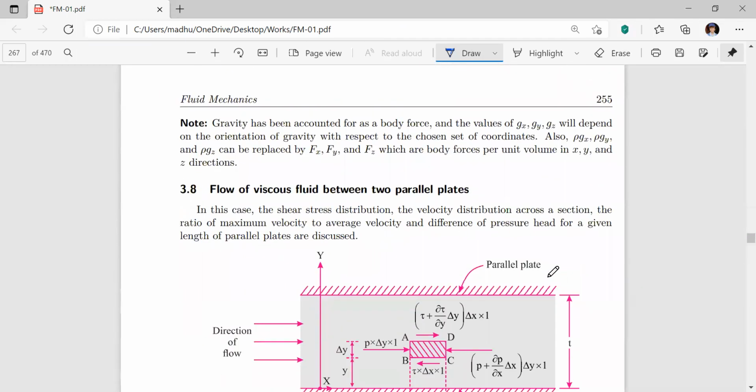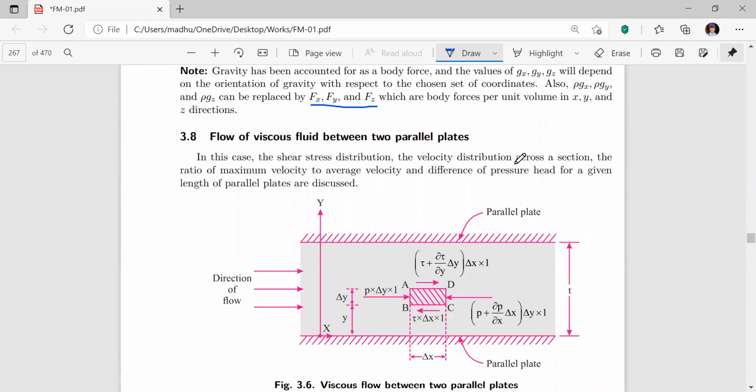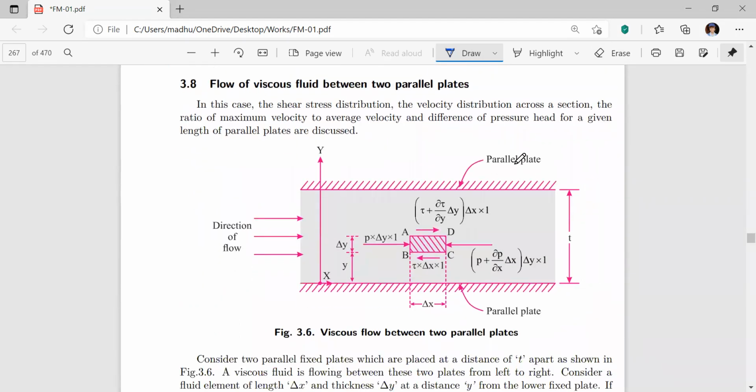Note that gravity has been accounted for as a body force, and the values of gx, gy, gz will depend on the orientation of gravity with respect to the chosen set of coordinates, where rho gx, rho gy, rho gz can be replaced by forces fx, fy, fz, which are body forces per unit volume in the x, y, z directions.